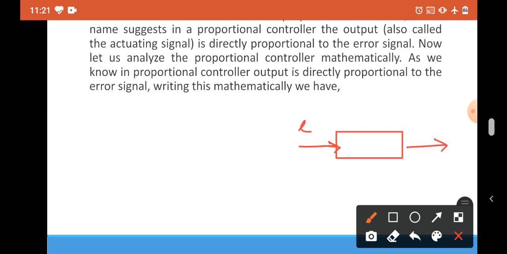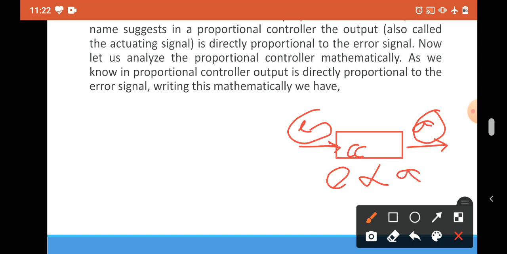This is your error signal, this is your actuating signal, and this controller controls the value of this output based on some proportion with respect to this input. So your output is in proportion with the input.